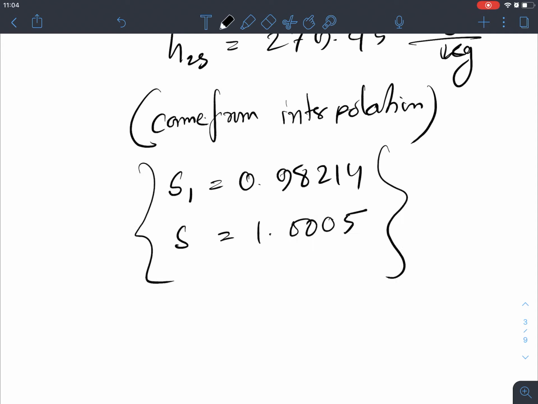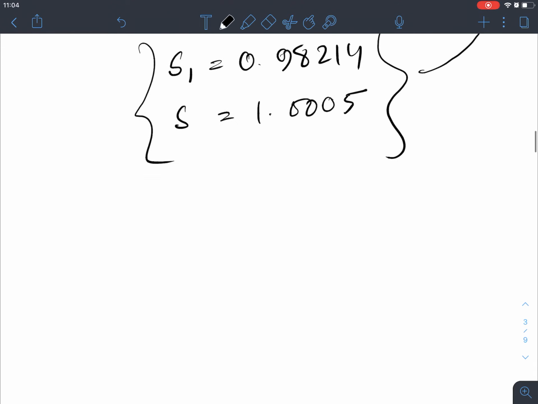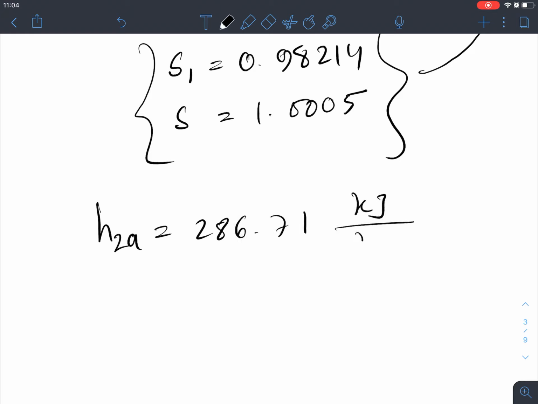If we do the interpolation of these, then we'll get this H2s. And H2a, which is the actual enthalpy with respect to 50°C, is 286.71 kilojoule per kg. No, it's only kilojoule per kg.